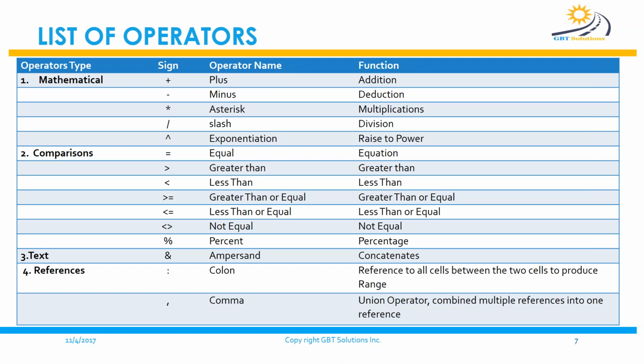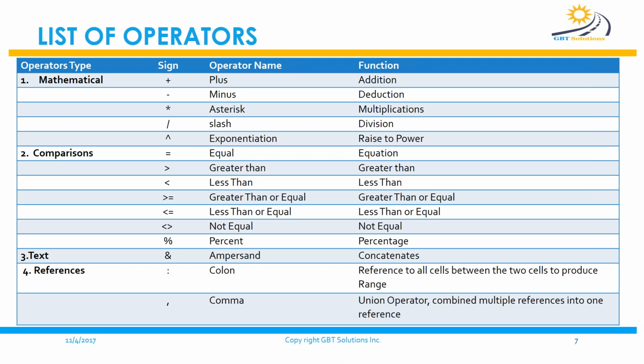We have the text operators, like the ampersand, which we use to join different texts or different cells. So the ampersand is used for concatenation. When we concatenate, it means we are joining two elements, two cells or two texts. So don't be frightened by the word concatenation. It's used for joining. The literal symbol is 'and', but in Excel we call it the ampersand, which is used for joining.